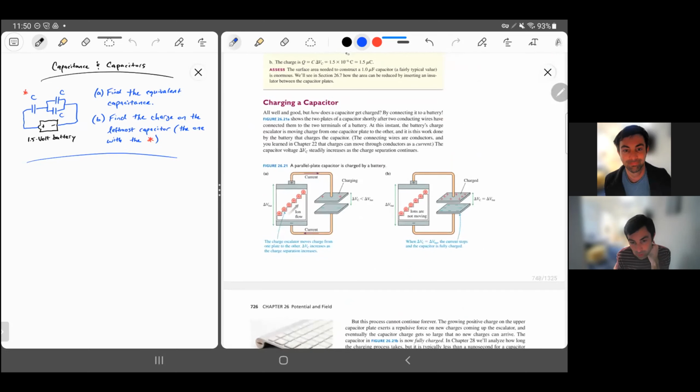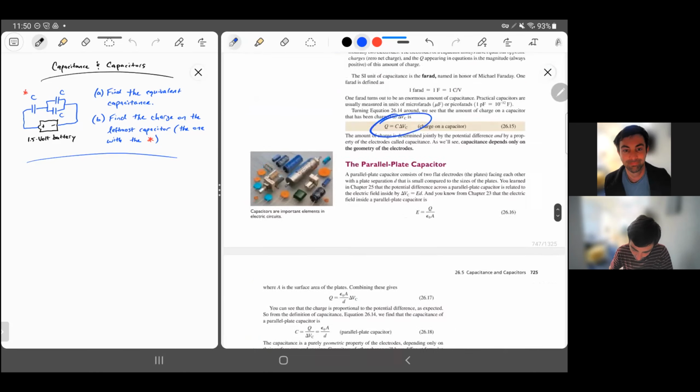But the way you would charge up a capacitor would be to take a battery, take a piece of wire and just connect the positive terminal to one electrode, one of the conductors that comprise the capacitor, and take another wire and connect it to the negative one. So you set up a potential difference of 1.5 volts if the battery is 1.5 volts. So imagine that's fixed. Like you're not going to swap out the battery for anything else.